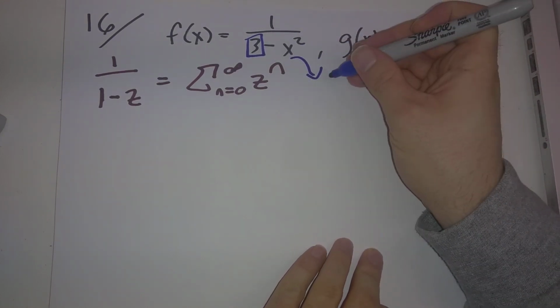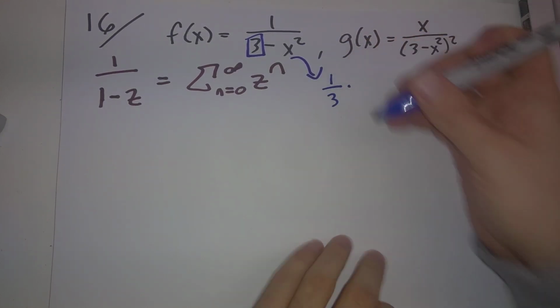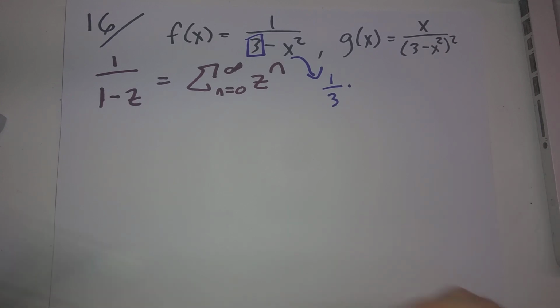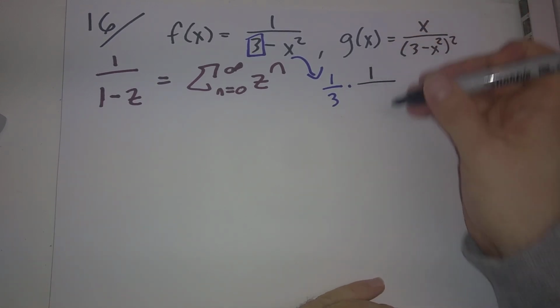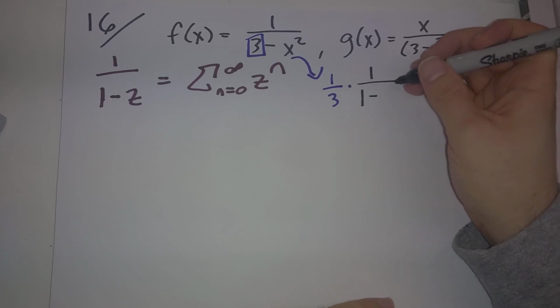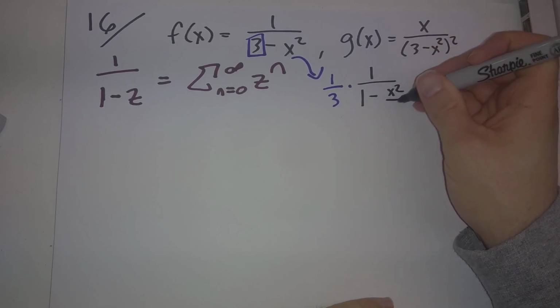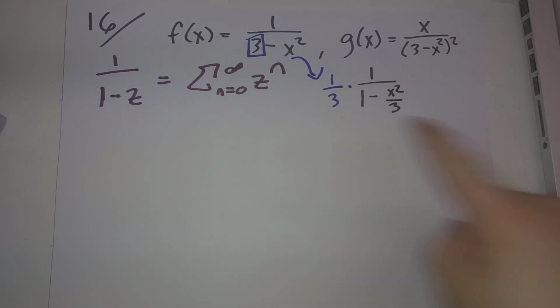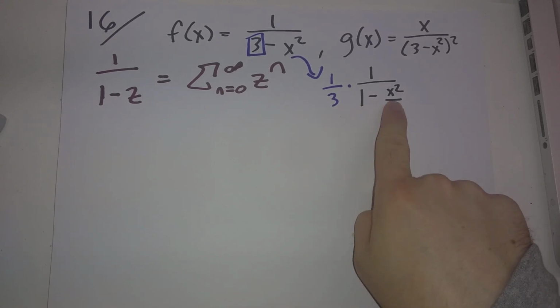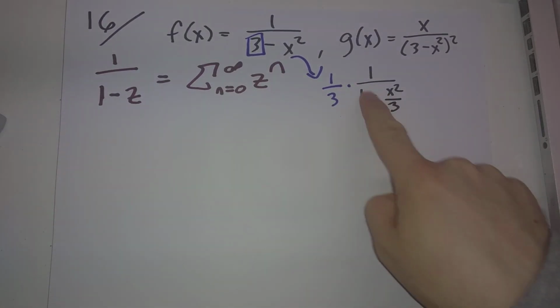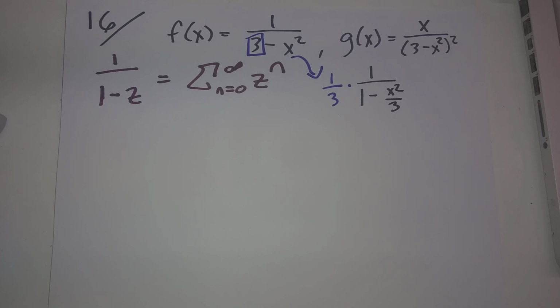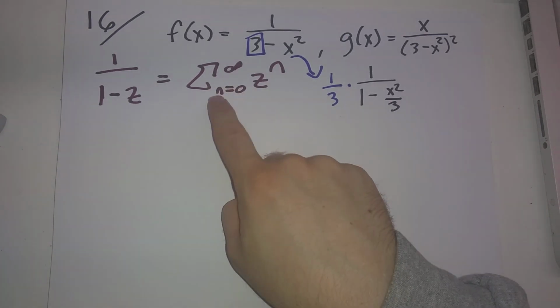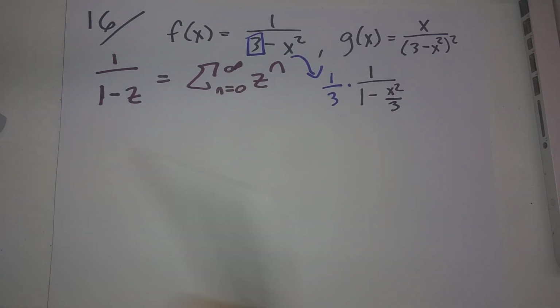So we're going to have to factor things out and manipulate it until that 3 becomes a 1 here. The first thing we're going to do is factor a 3 out from the denominator, and we end up with 1/3 times 1 minus x squared divided by 3. So if we multiply this 3 back through, we end up with 3 minus x squared, right where we started. This looks a little bit more complicated, but it allows us to use this nice sum over here.